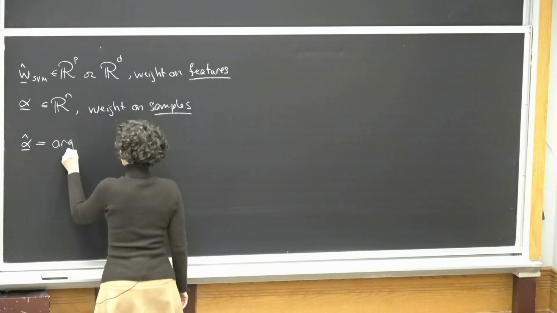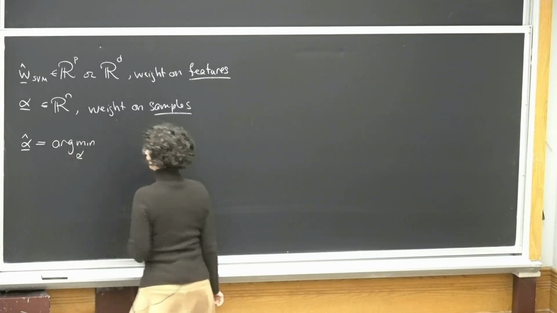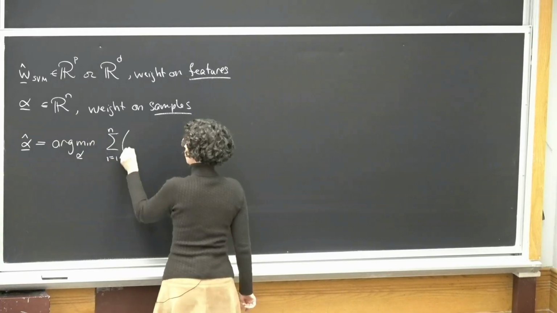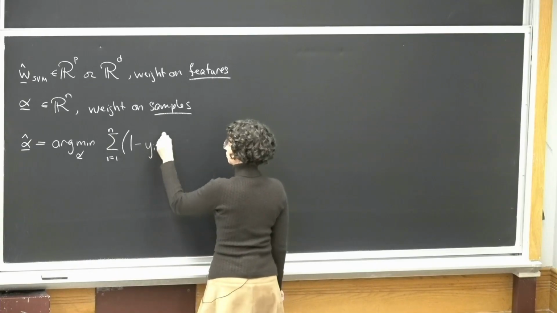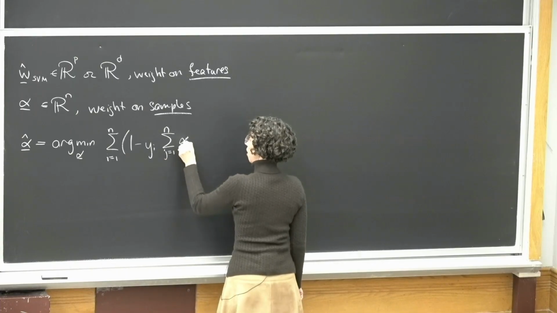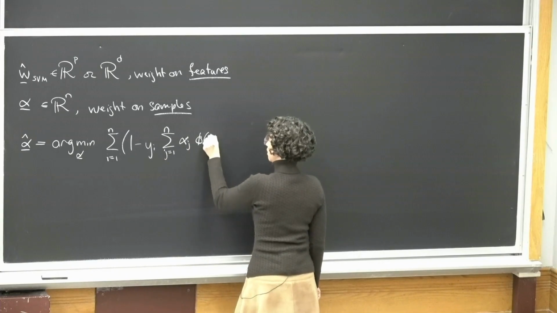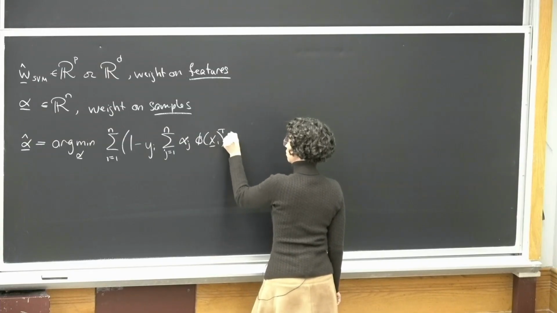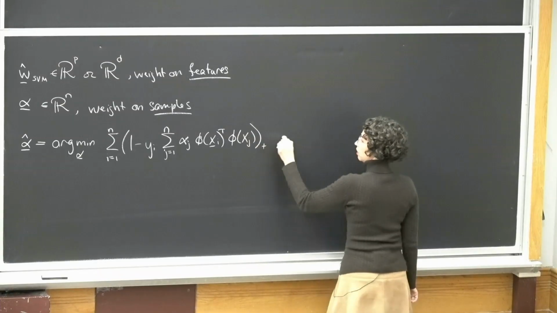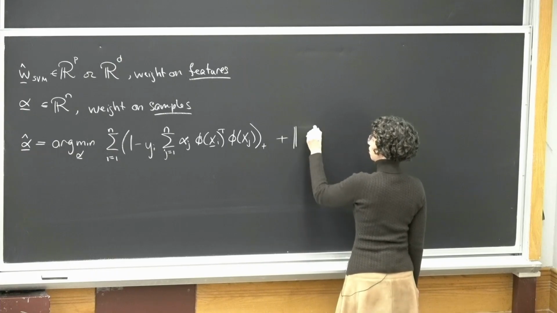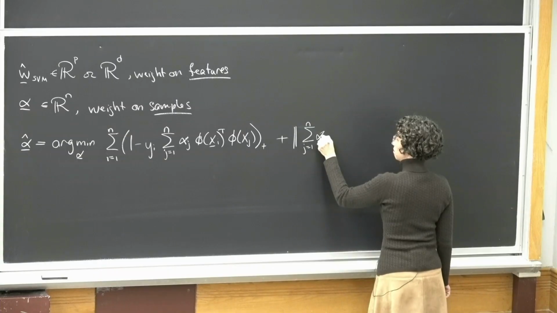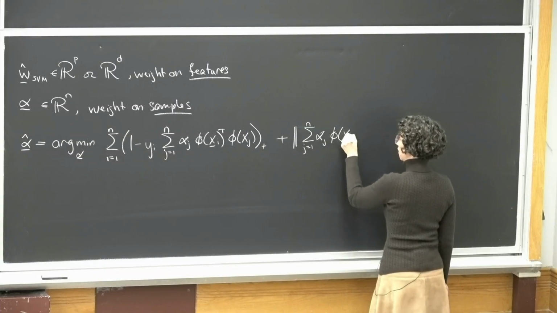So it is the argument alpha that minimizes the sum from i equals 1 to n of 1 minus y_i sum j equals 1 to n alpha_j phi(x_i) transpose phi(x_j), plus lambda times the 2 norm squared of the sum of alpha_j phi(x_j).